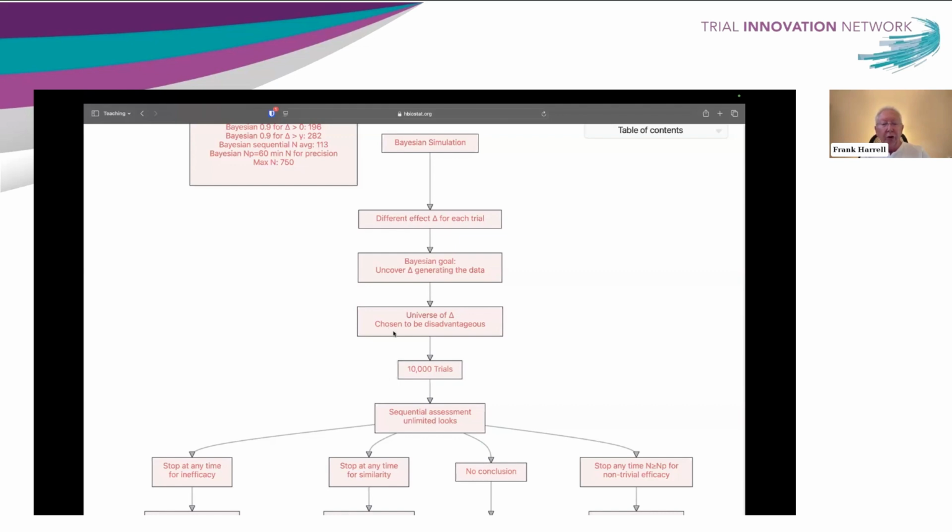But then when you're simulating this, you have to describe a universe of possible treatment effects. And if that universe of possible treatment effects is exactly the prior distribution you use in your final analysis, everything will work beautifully, it'll work as advertised, and it'll be optimal. But when we're doing these simulations, we would choose this universe to not be really optimal. In other words, it may be disagreeing with the prior distribution we're using in our analysis. And so that's how we show that the Bayesian operating characteristics are going to be excellent, even if the situation that you're analyzing here is not ideal for the Bayesian approach.